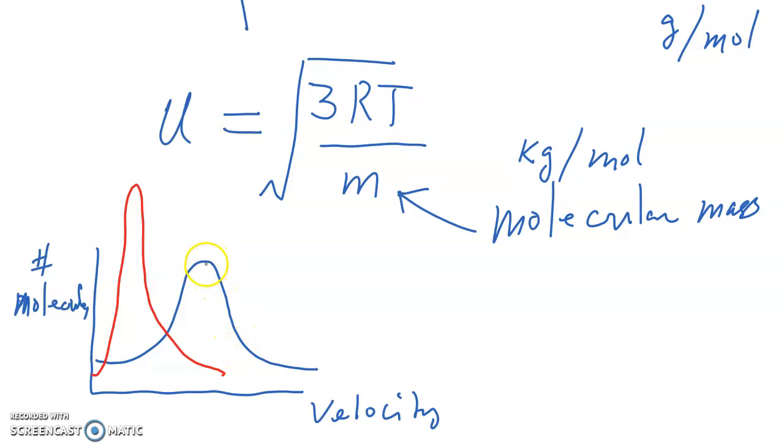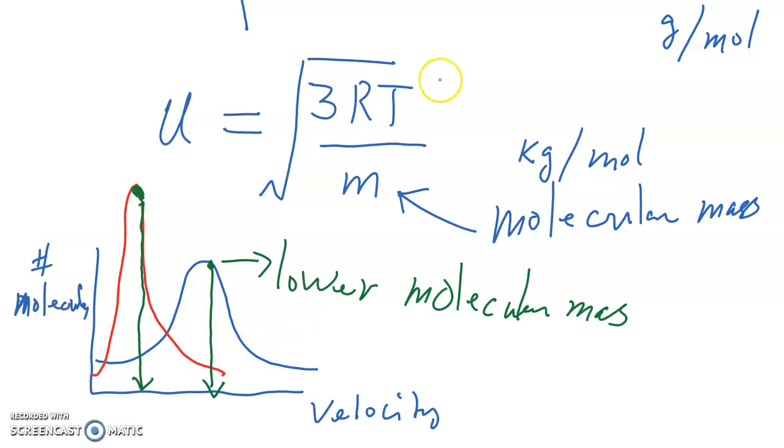For this one, the average velocity is over here. For the red curve, the average velocity is over here. From this, we can see that the blue curve will have a higher velocity. If it has a higher velocity, that means it has a lower molecular mass.